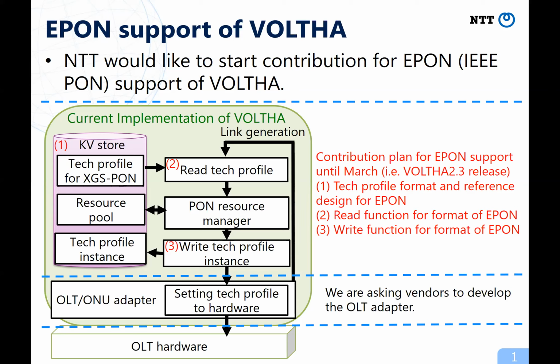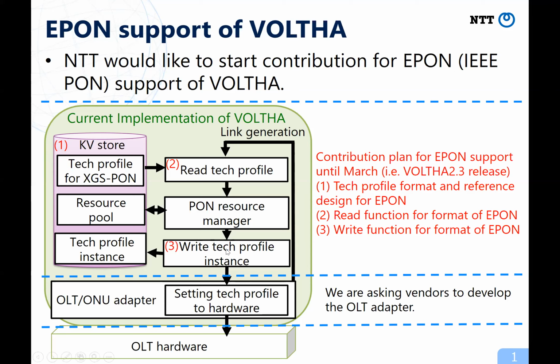This figure shows the current implementation of VOLTHA. KV Store has a tech profile for XGS-PON, which is a JSON file, and it is loaded into this read tech profile part. After that, PON resource manager corresponds the tech profile to PON resource IDs, such as alloc ID and GEM port ID.